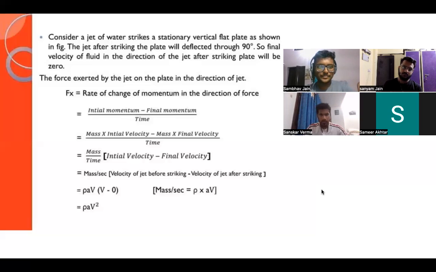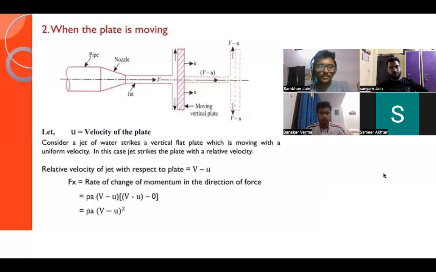By taking mass equal to rho into a into velocity of the jet before and after striking, we acquire the formula rho a v square, which gives us the rate of change of momentum in the direction of force striking on the plate.